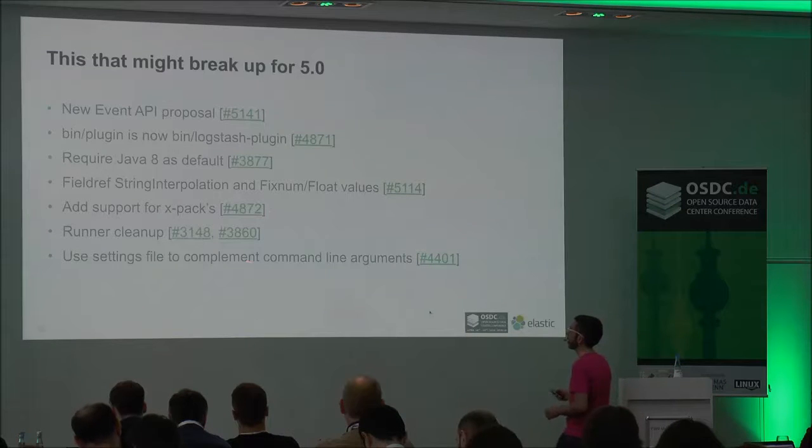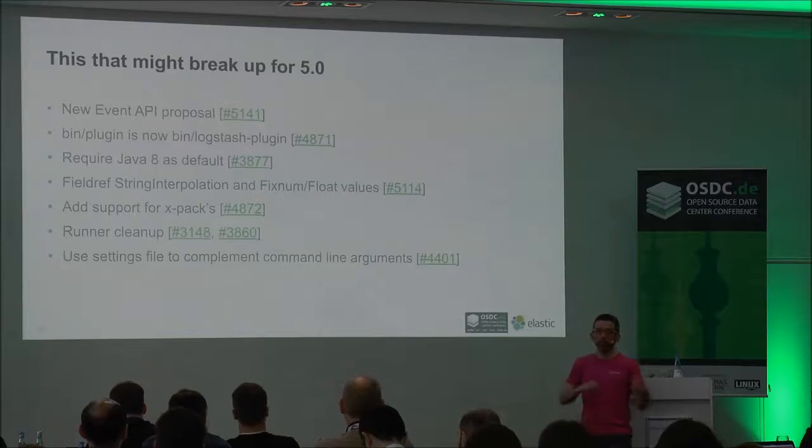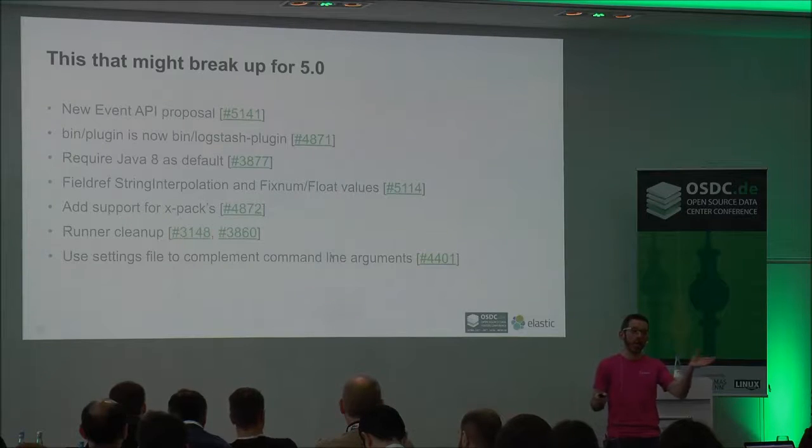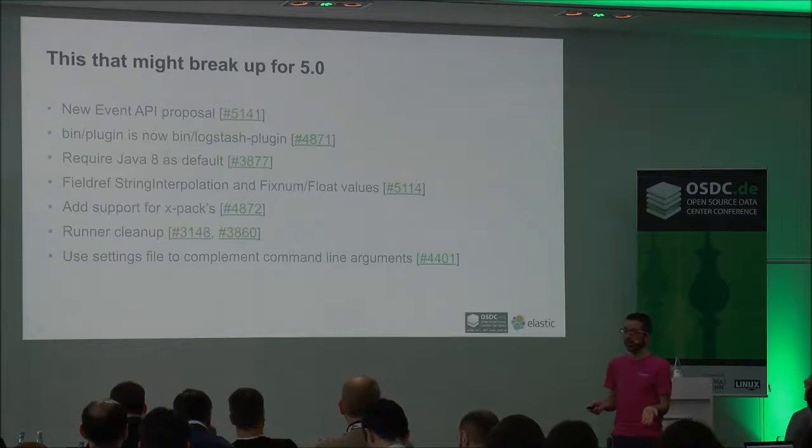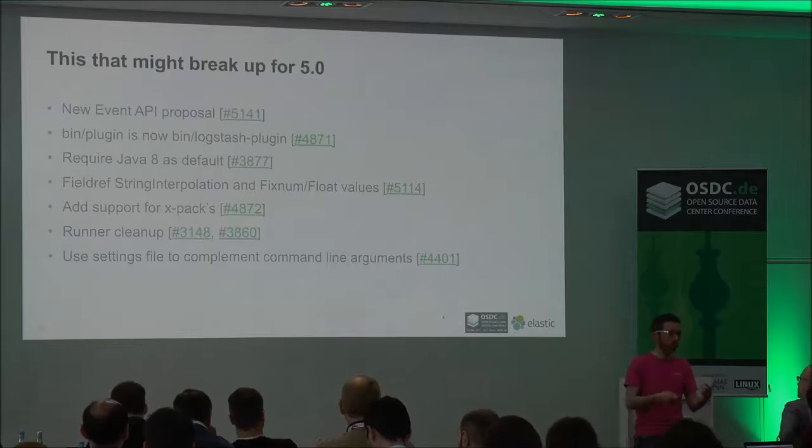Another important thing: now we have a fix for the string interpolation problem. Before, everything was converted to a string. Now we make sure you use the right type. For example, if you are doing geolocation transformations, be sure that what you are storing is a number, not a string.